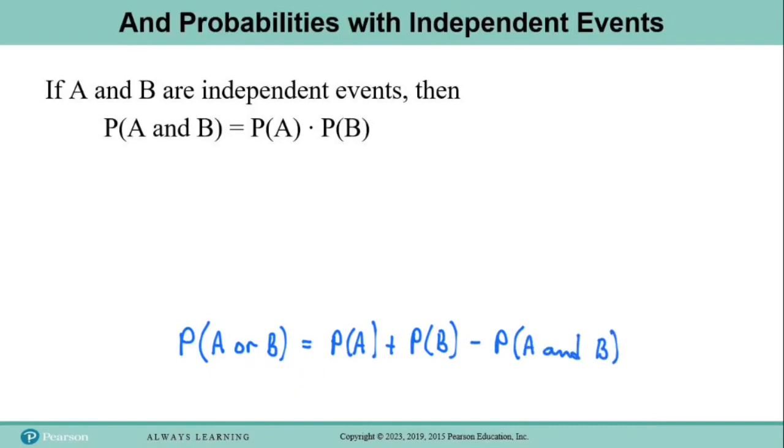Remember in section 11.6, we talked about how to find the probability of A or B. And this formula did involve the probability of A and B, but we've always been able to just look at the sample space and figure this out. With this formula, we are now able to calculate the probability of A and B by doing probability of A times probability of B. So notice the difference between the two formulas.